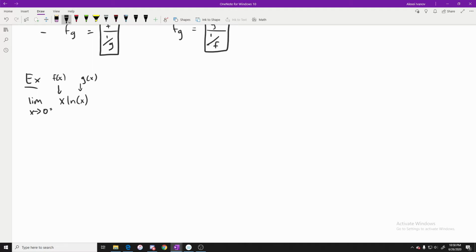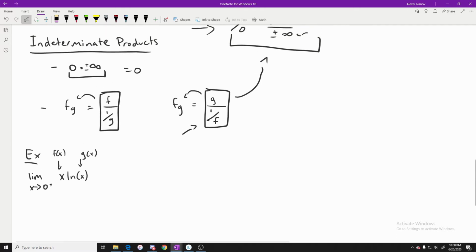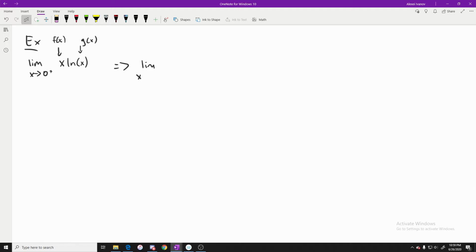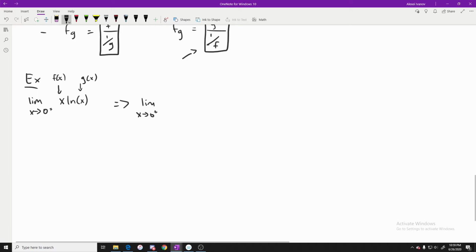We're going to write it in this format, where we take g of x and throw the reciprocal of f in the denominator. So this is the limit as x approaches 0 from the right, keeping ln x at the top, and taking the reciprocal of f of x, which is 1 over x.